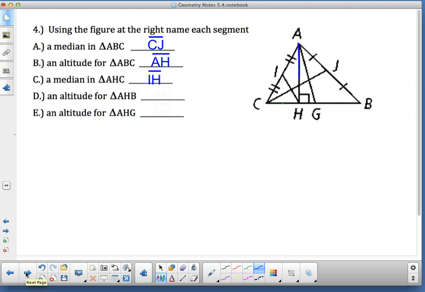AHB. An altitude. What type of triangle is AHB? It's a right triangle. An altitude is perpendicular to a side and goes through the vertex. Do you see the altitudes here? People are like, why is he making it plural?